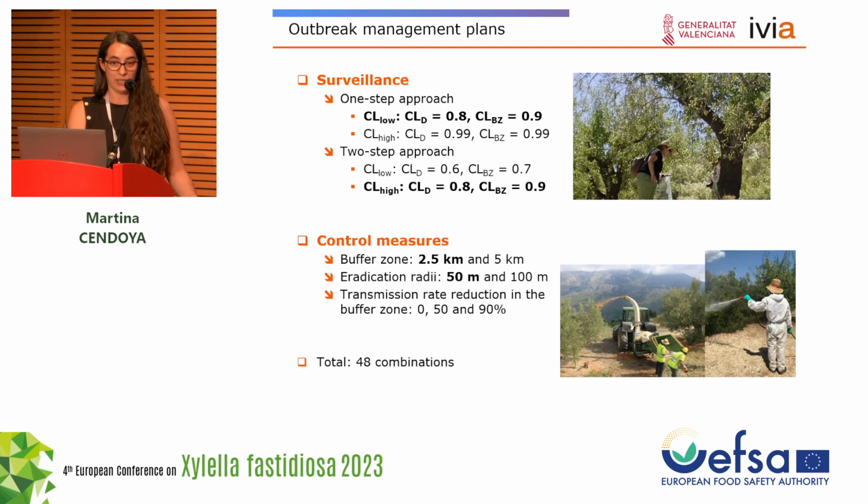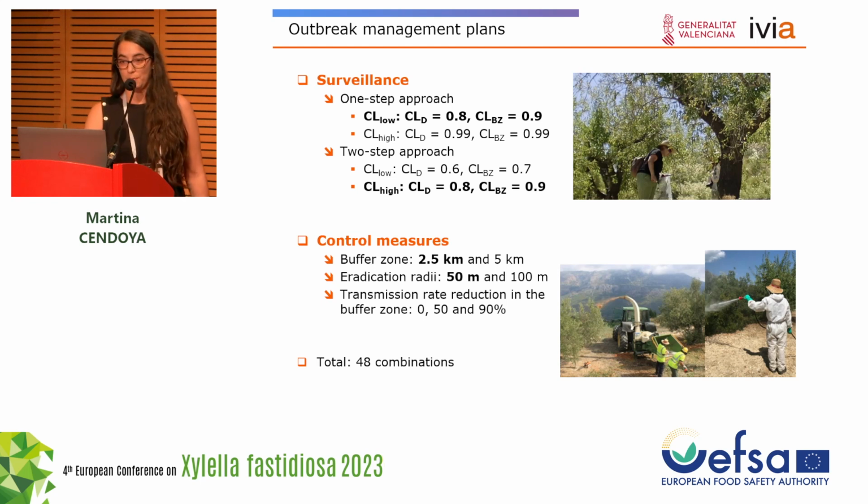Then we implemented 48 combinations of the outbreak management plans, including these 2 approaches for the surveillance, each one with 2 confidence levels, and also 2 sizes for the buffer zone and 2 sizes for the eradication zone, and in bold are the minimum established by the legislation.